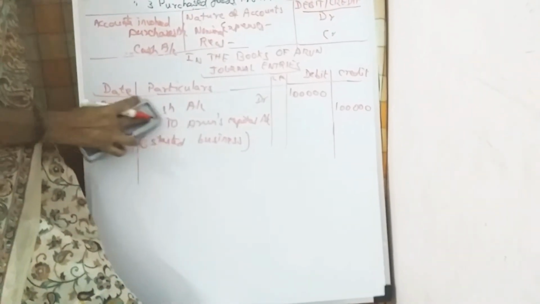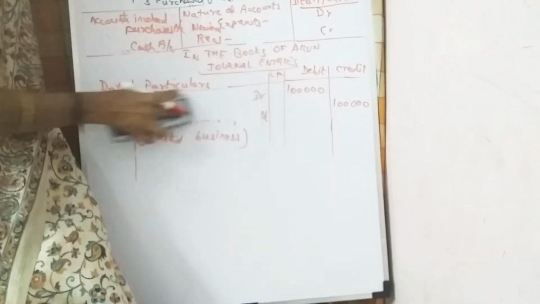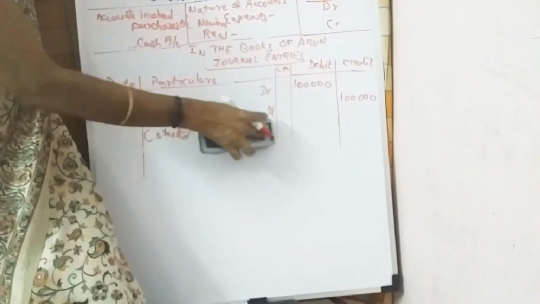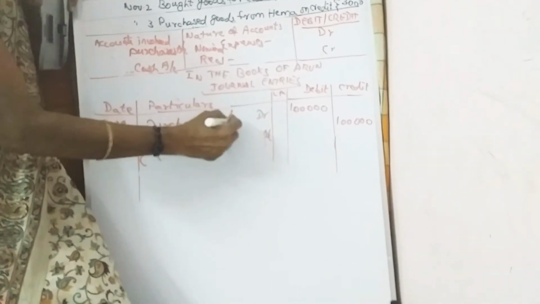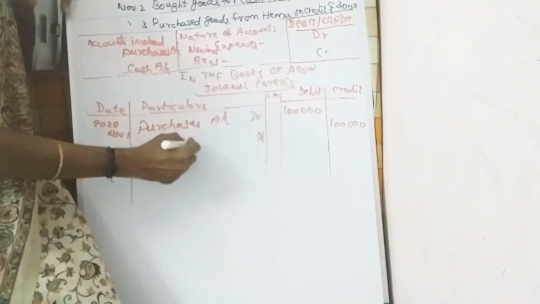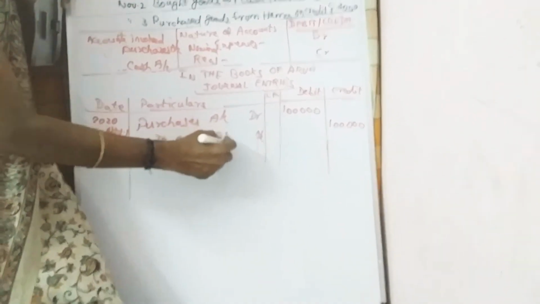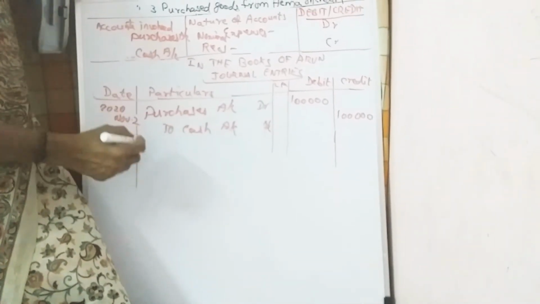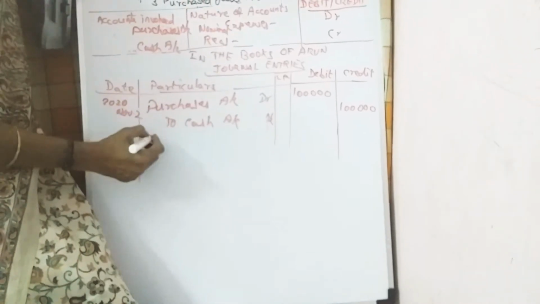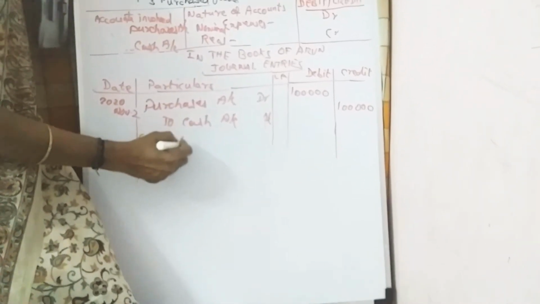So we will write the journal entry for this. Purchases account debit to cash account. The date is 2020 November 2nd. Here, goods purchased for cash.